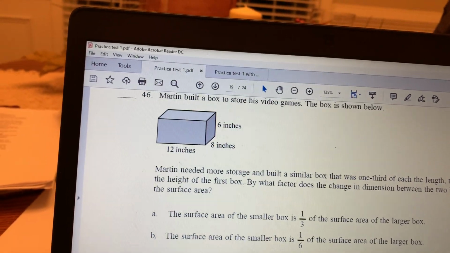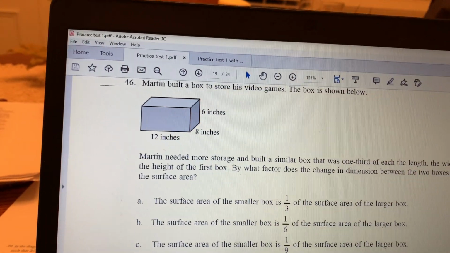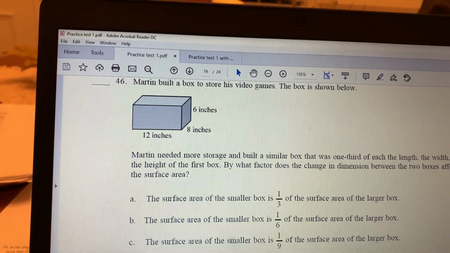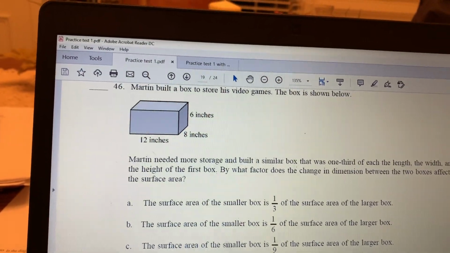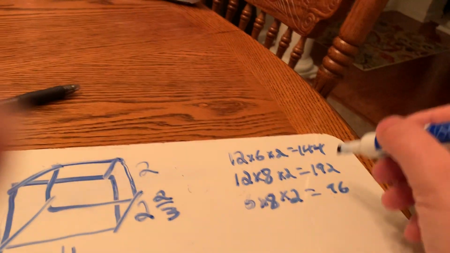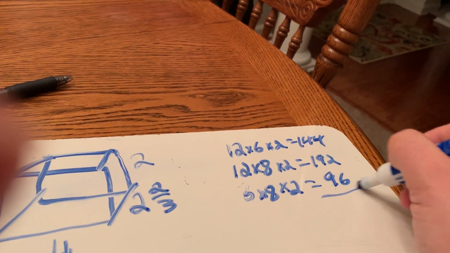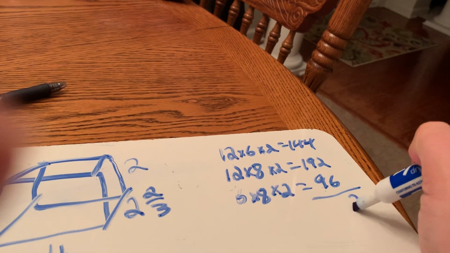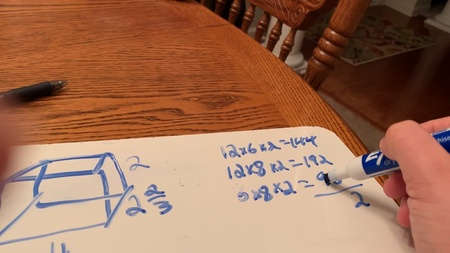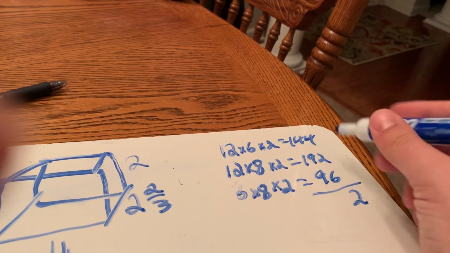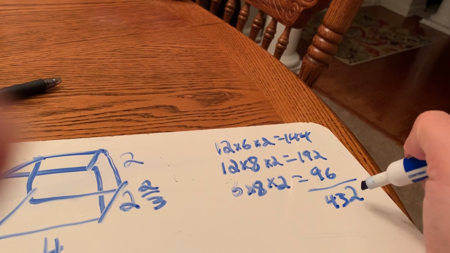And then you've got side and side, which is 6 times 8, which is 48, times 2, since there's 2 of them, which is 96. We add that all up, we get 432. So that's our surface area of this one.